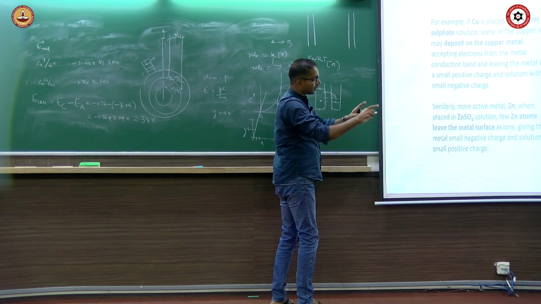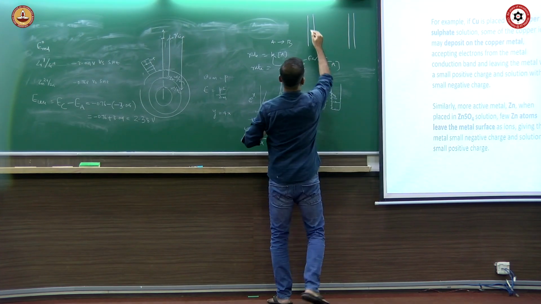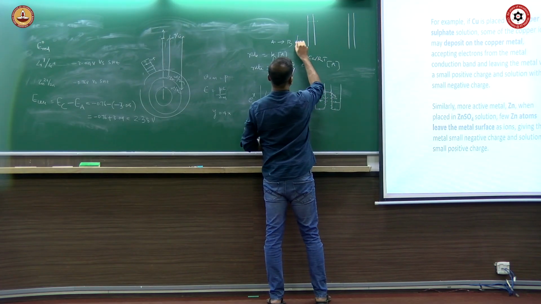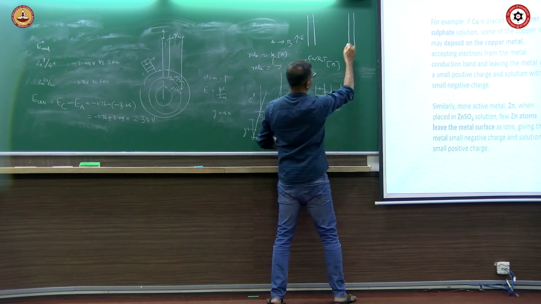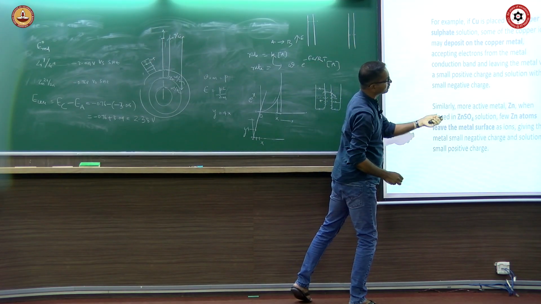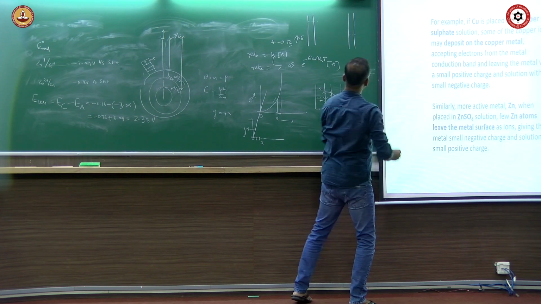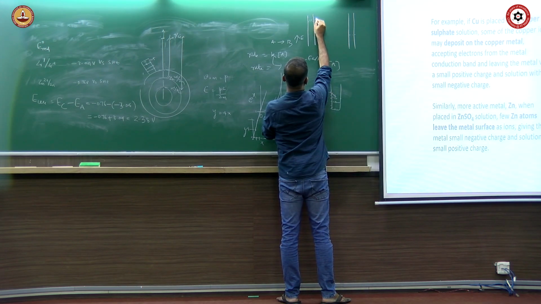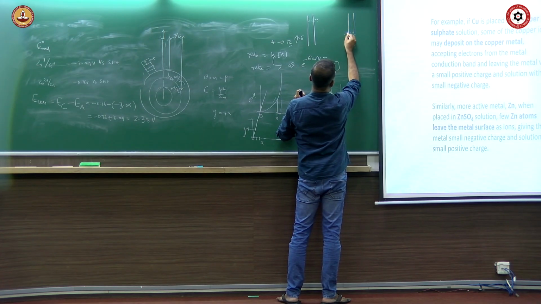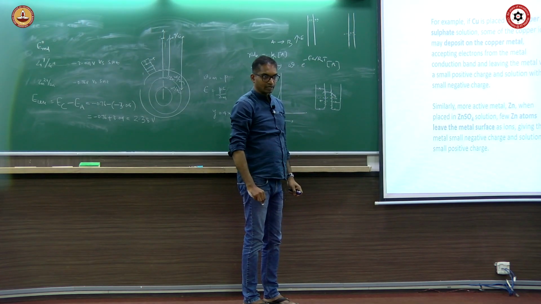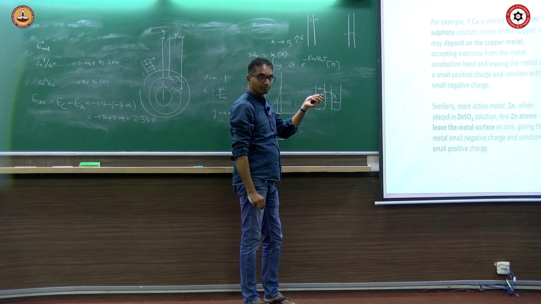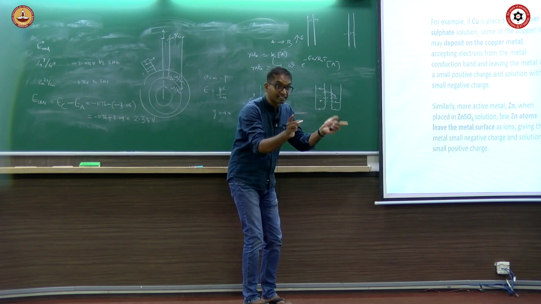If I want to combine these two, it will look like this. Zinc in equilibrium with the zinc sulphate solution is here, this is the energy axis, and copper in equilibrium with the copper sulphate solution is here. I am plotting that line only. So here it is negatively charged, here it is positively charged. This is in equilibrium, and this is in equilibrium. They are separate equilibria, but the cell is not in equilibrium.